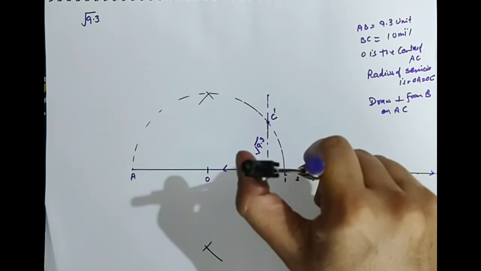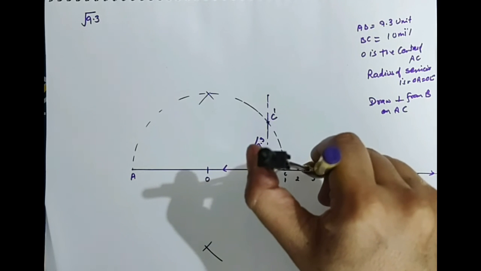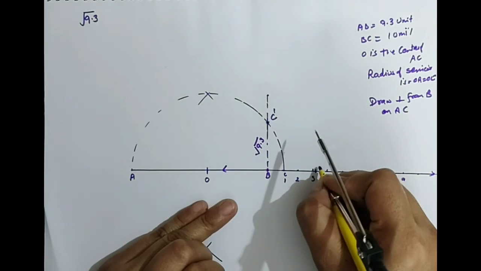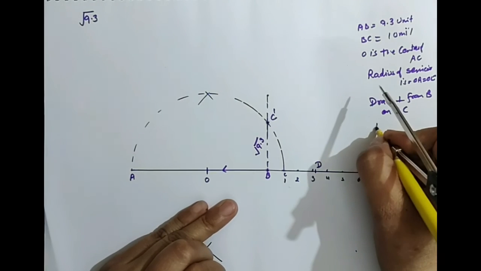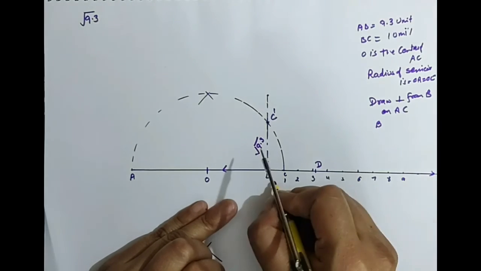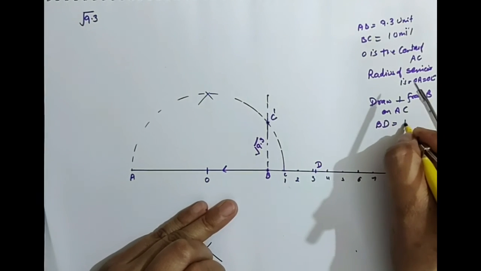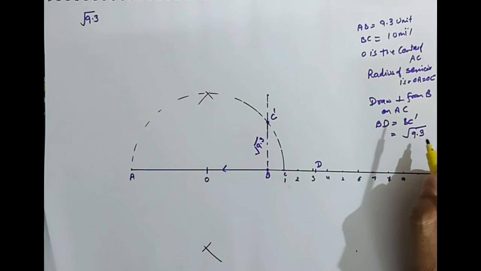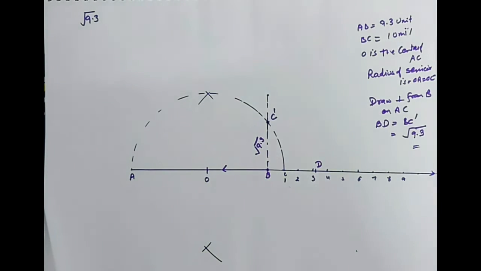Now I will mark a point on this number line, this point I will take as D. This point D means BD is equal to BC prime. BD will represent the square root of 9.3 on the number line.